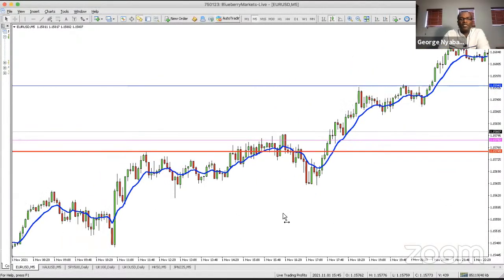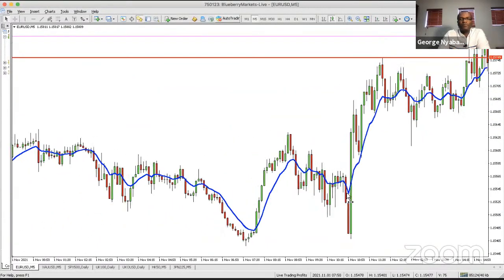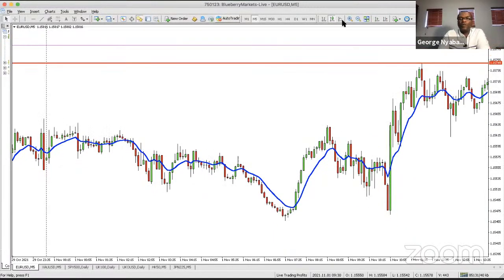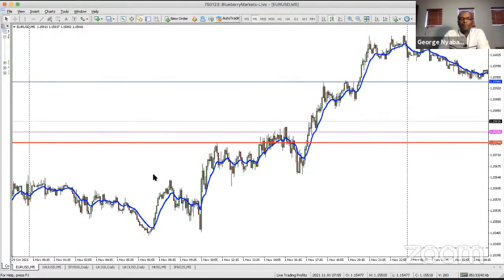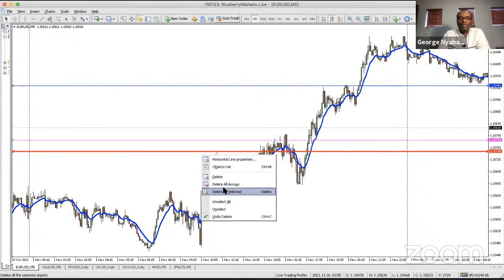Okay, so just ignore, if you will, my horizontal levels of support, because that's what we have for today. In fact, I'll tell you what, I can quickly take them off just for clarity, and I can put them back on again.